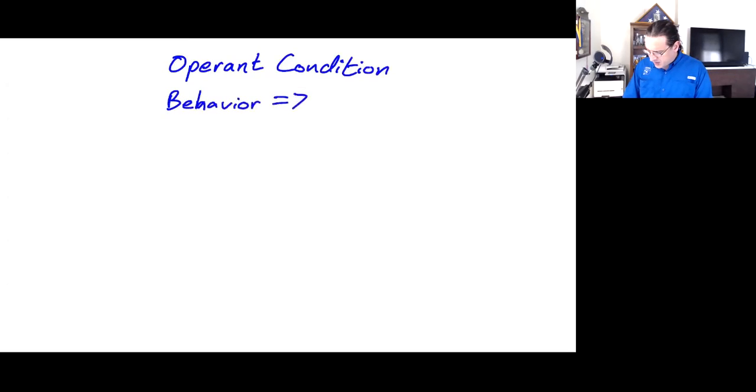So operant conditioning happens differently because the behavior causes, instead of a stimulus, what we're going to call a consequence. Okay.